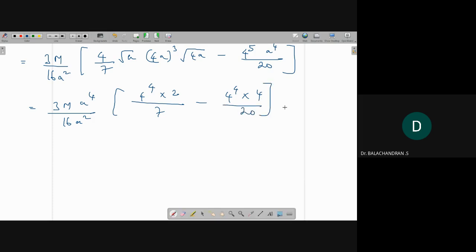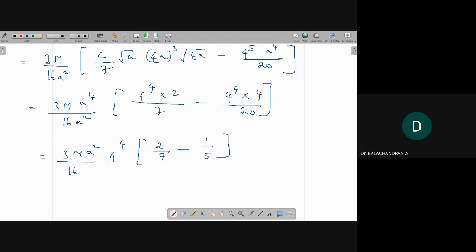So I think 4 power 4 is common. 3m a power 4 by 16. I think you can put square because here you have square. 4 power 4 is common, into remaining you have what? 2 by 7 minus 4 by 20 means 1 by 5.